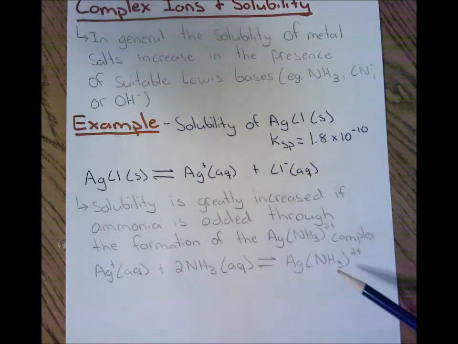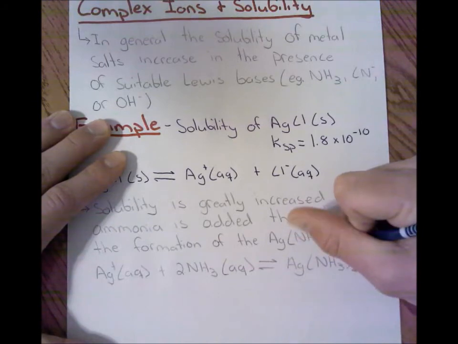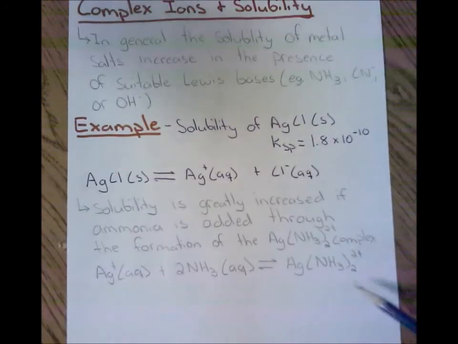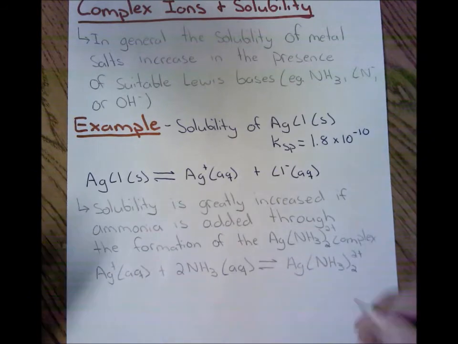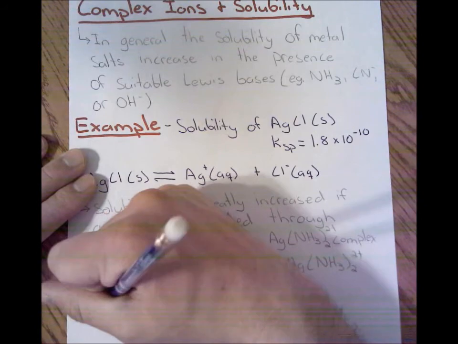And so what we have to do is this. We are going to do a little bit different here. And I forgot my subscript. That's really important. Anyways, what we have to do here is we go through this formation of this formation constant called Kf. So we have the formation constant, which we call Kf.